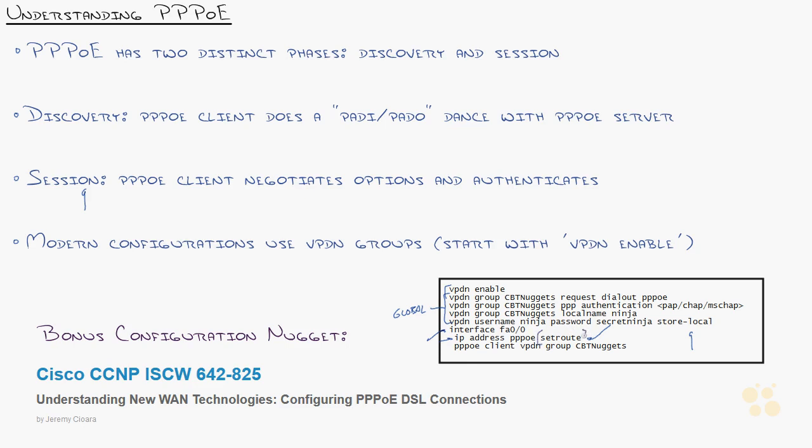And this, by the way, is an optional command, and use the default route. You usually want that. Whatever route they've given you via that IP address assignment, set that as your default route so that your router can route out to the internet, right? You then attach all this configuration to the interface so that it knows how and what to authenticate with, using this pppoe-client dial-pool... VPDN group, and then type in your group name.